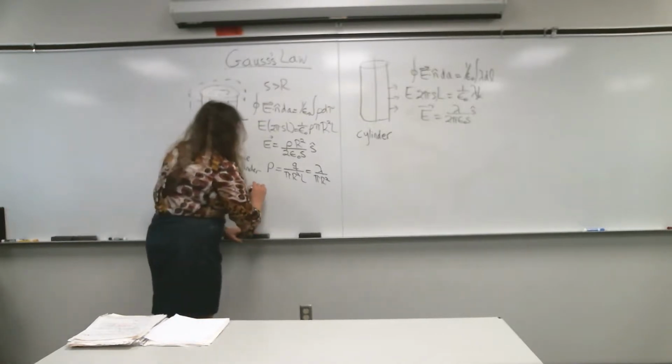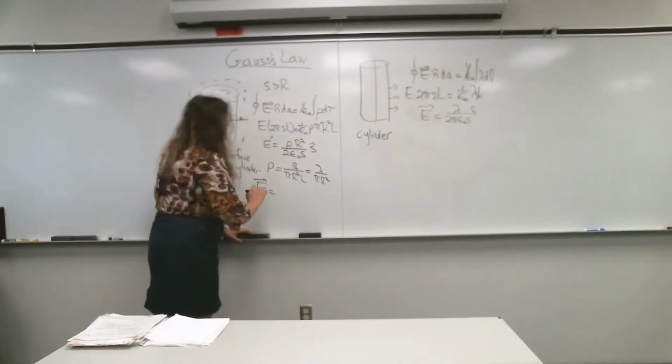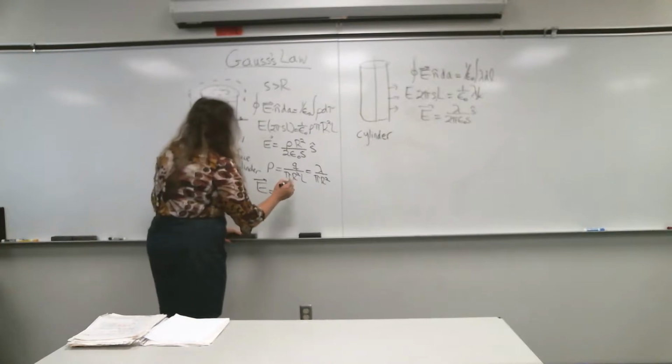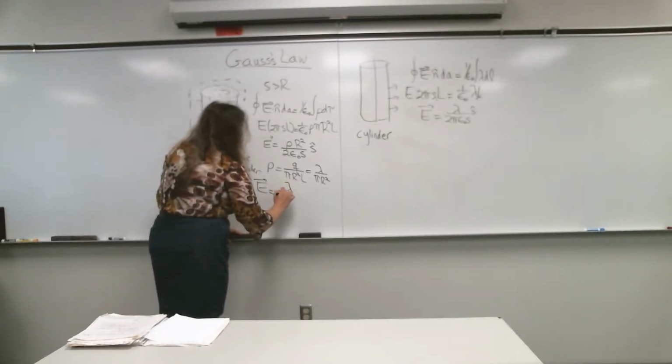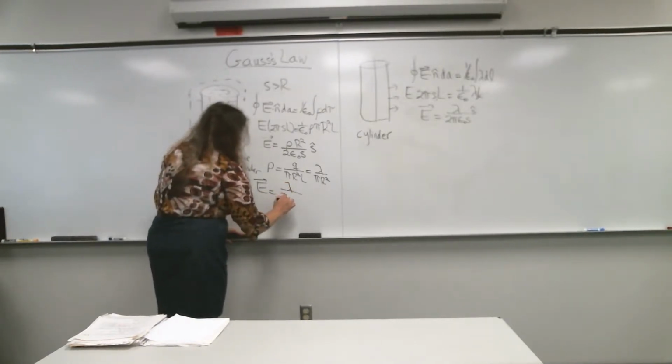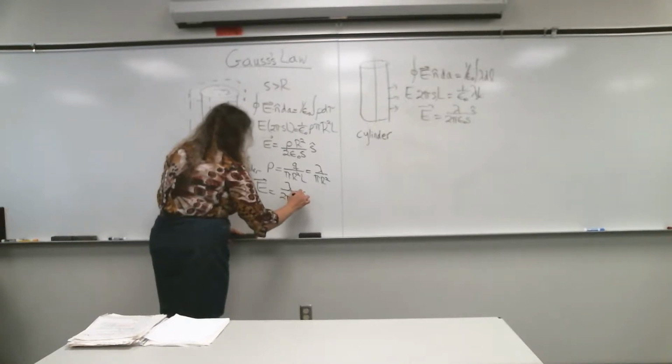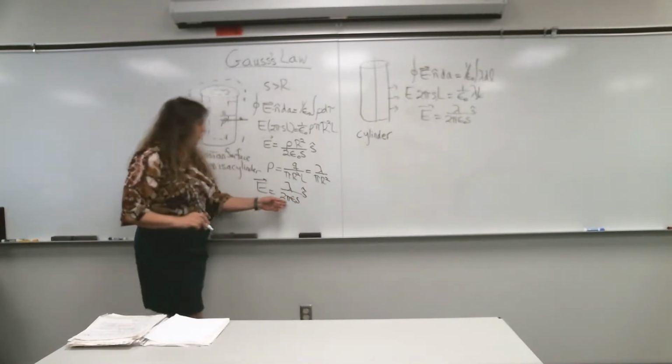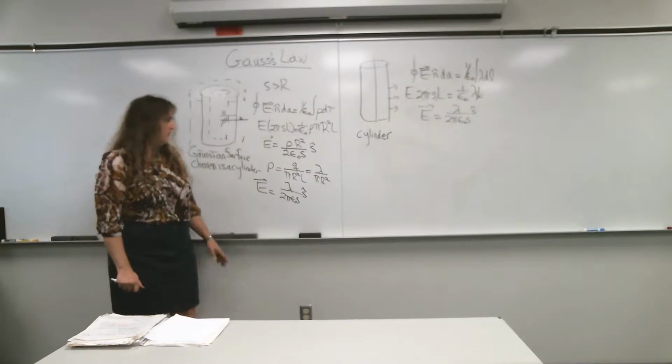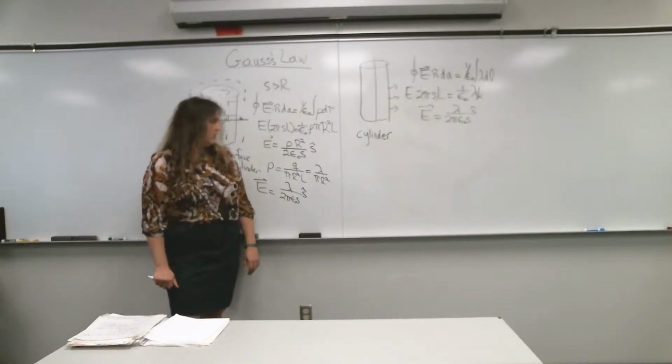So another way of writing my electric field is just going to be lambda over 2 pi epsilon naught s in the s direction.